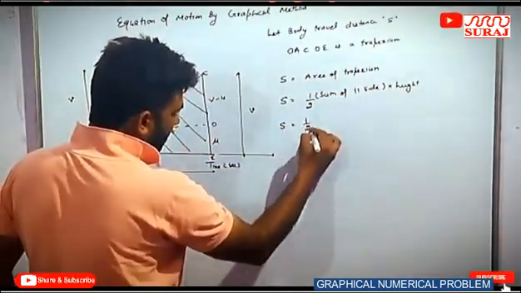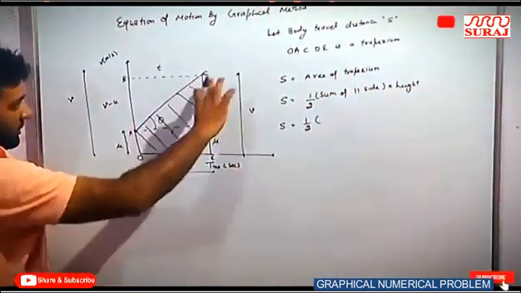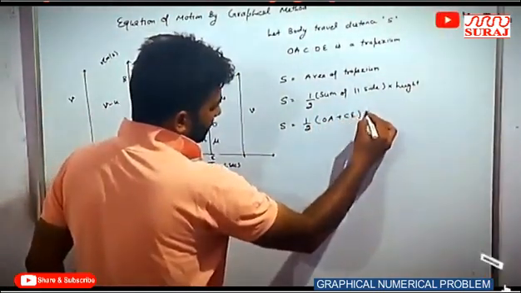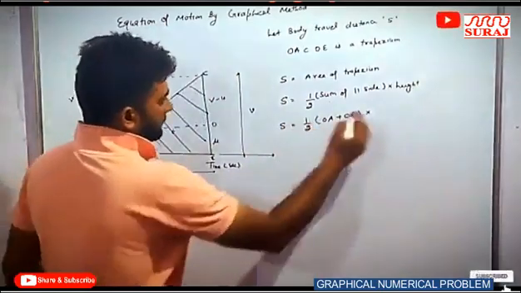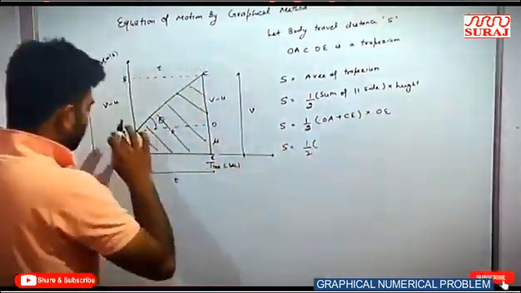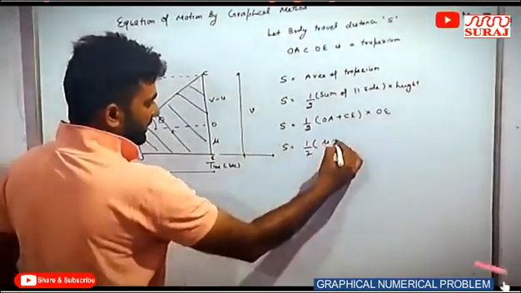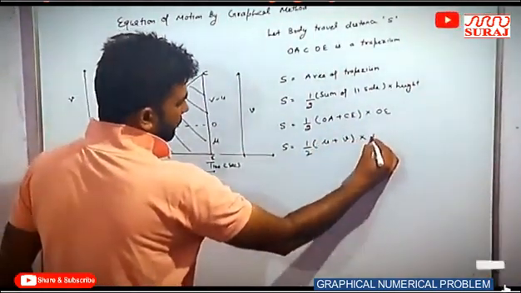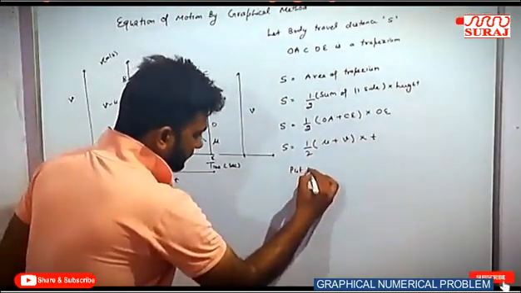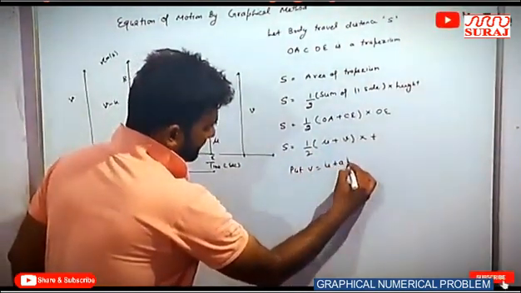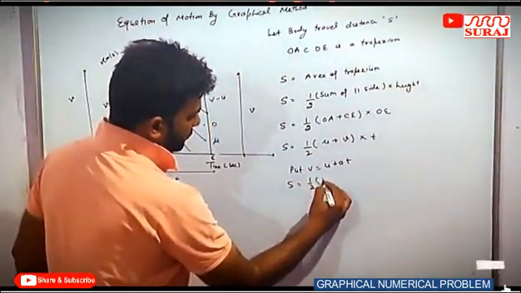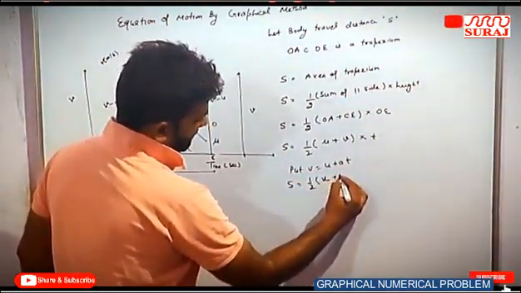So s is equal to 1 by 2 into the sum of parallel sides multiplied by height. So s is equal to 1 by 2, parallel sides OA and CE, so OA plus CE into height OE. So s is equal to 1 by 2, OA is equal to u, CE is equal to v and OE is equal to t.